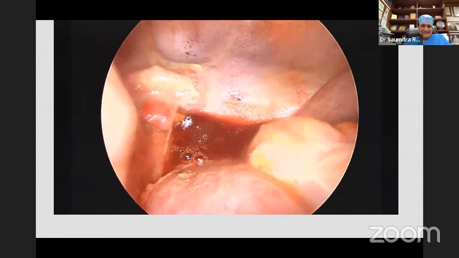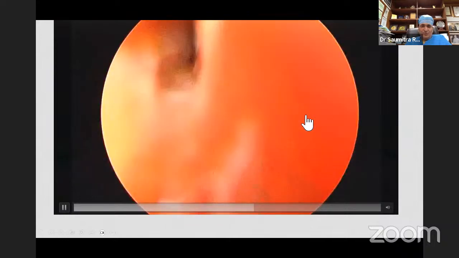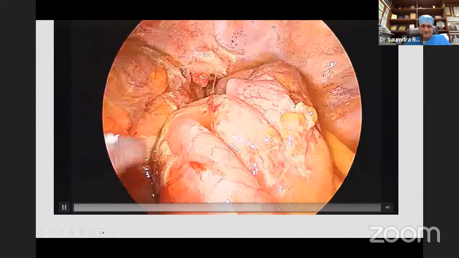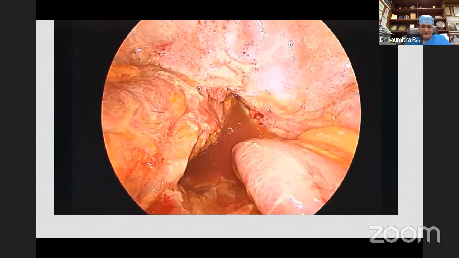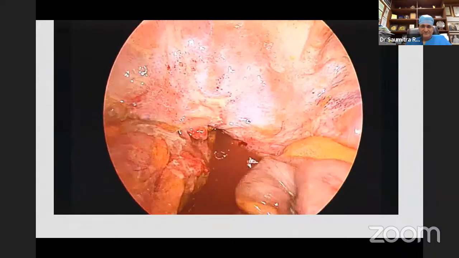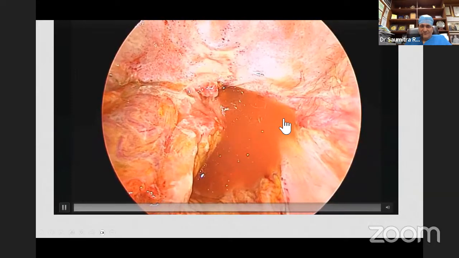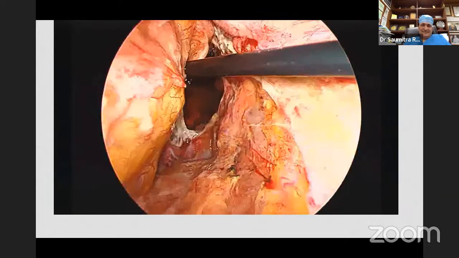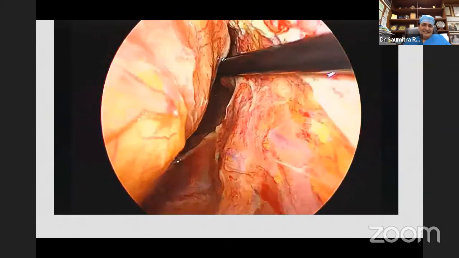So the first important thing is to control the sepsis. So take out everything, give it a good wash. Once identified that there is not a full dehiscence there, and it's just the anterolateral, check the posterior also and the anterior.